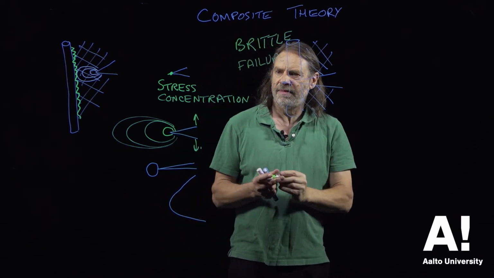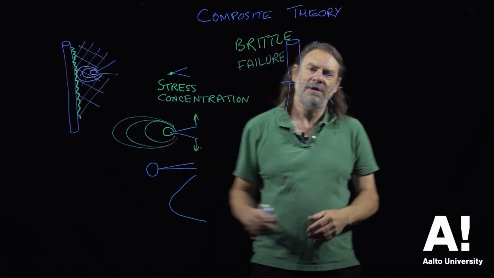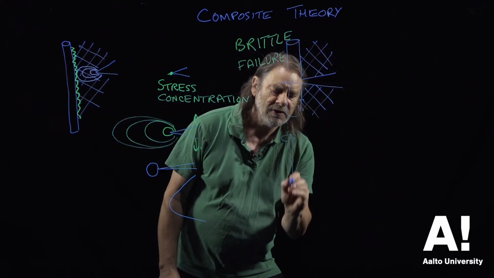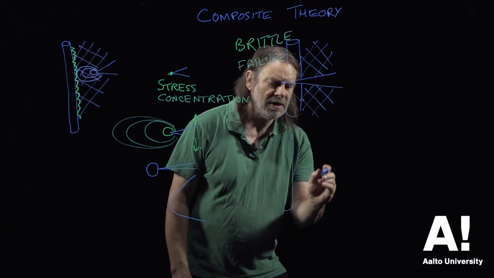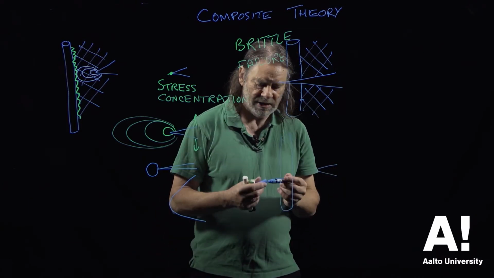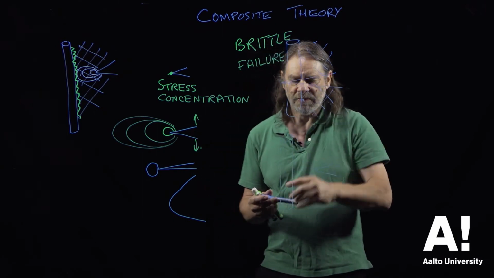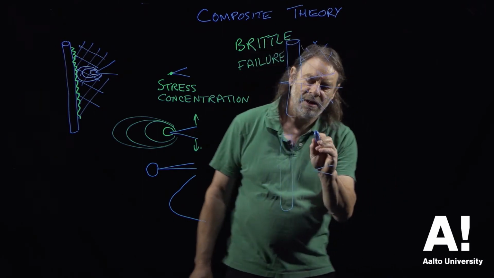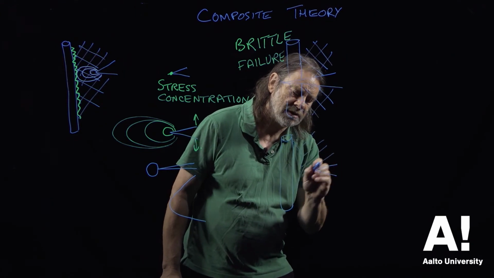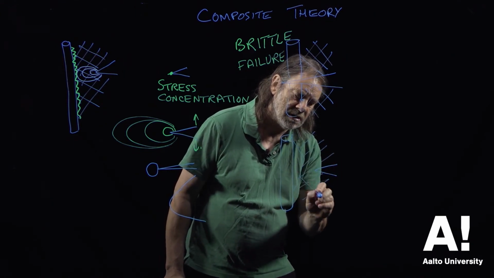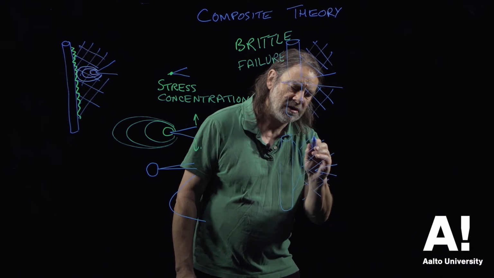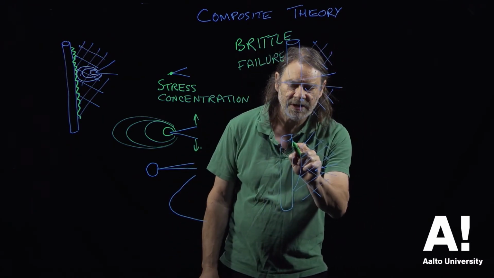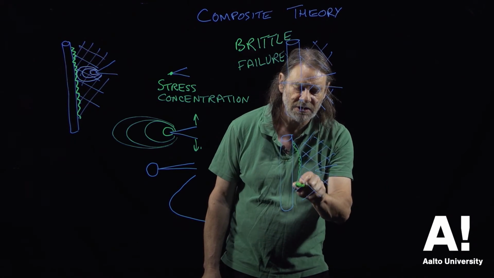However, if we have a weak interface, we draw the reinforcement, the crack, and the matrix. What is happening now with a weak interface is that we open up a new surface here, where the interfacial region is.